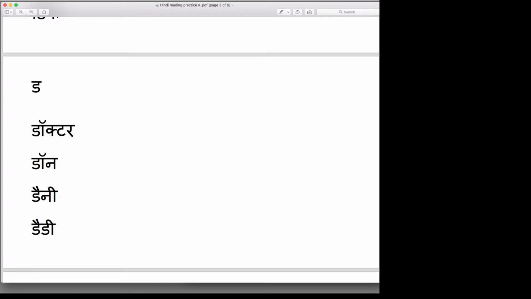So the first one is doctor. And this half moon is the aw sound. Only for English aw sound, like doctor, locker, those kind of things.